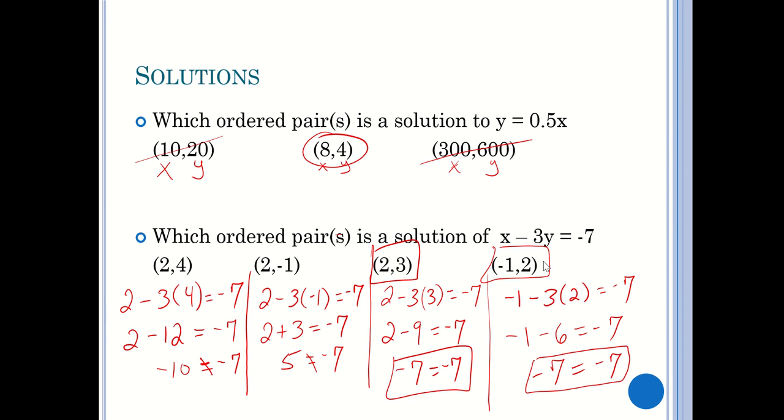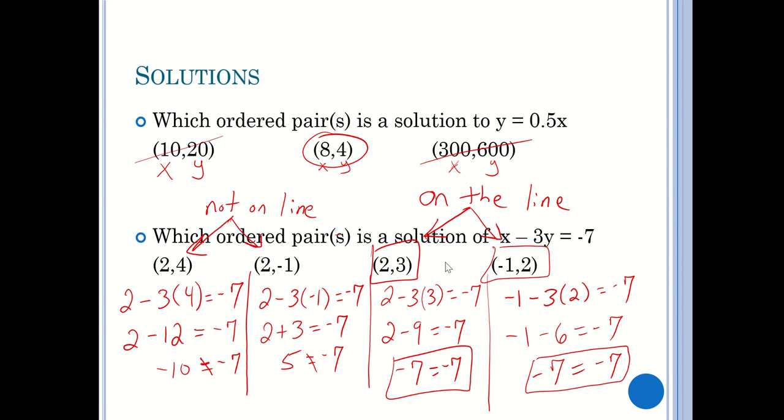Now, when we say solution, these two that are solutions, the ones that I have boxed here, these would be on the line. That's what that means. So when you plot these 2 points, connect the dots, those are on the line. These two that are not solutions, these are not on the line.